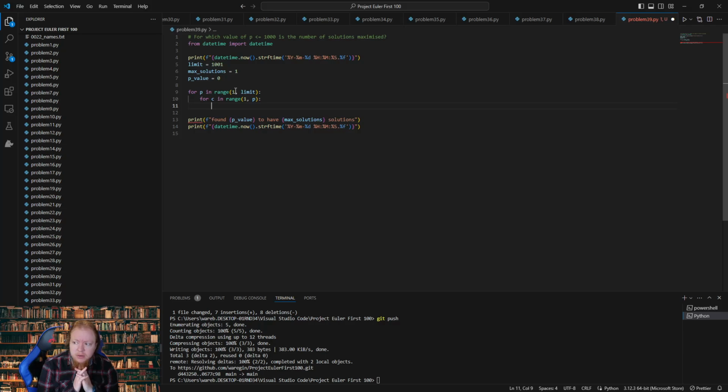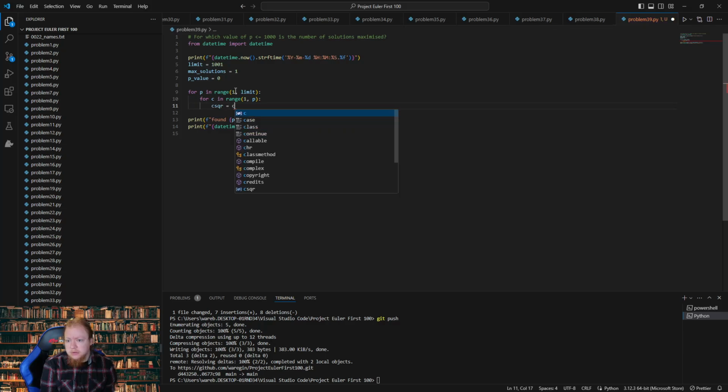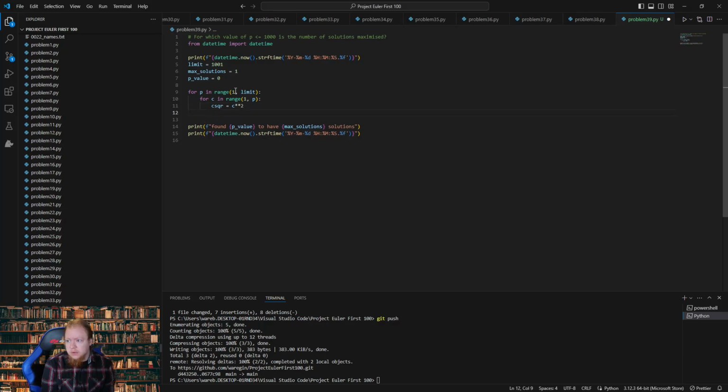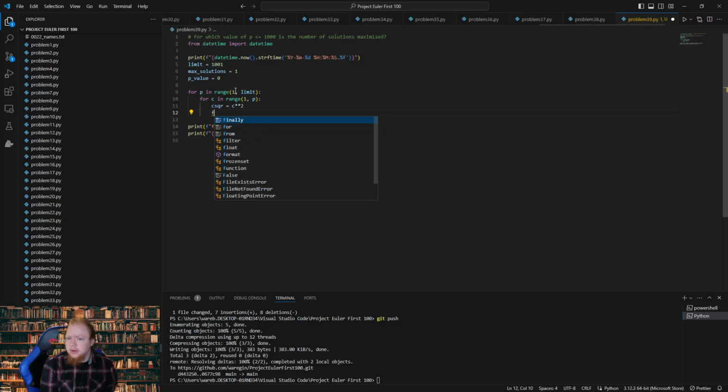Then we can do, like, C squared equals, and then we're kind of going to have to guess with A as well. So C is always the larger one.